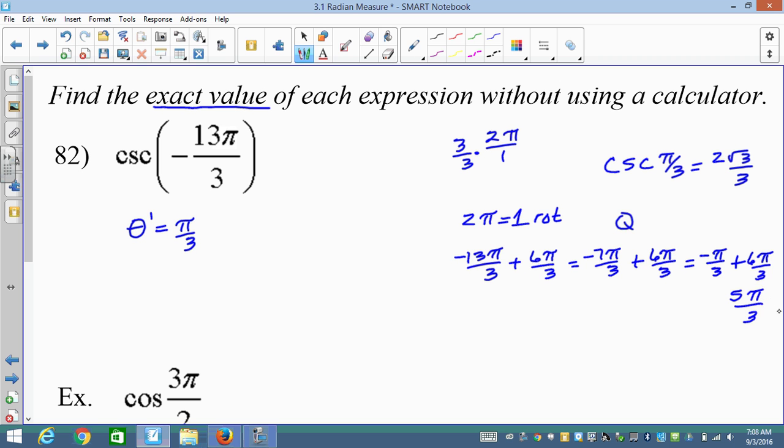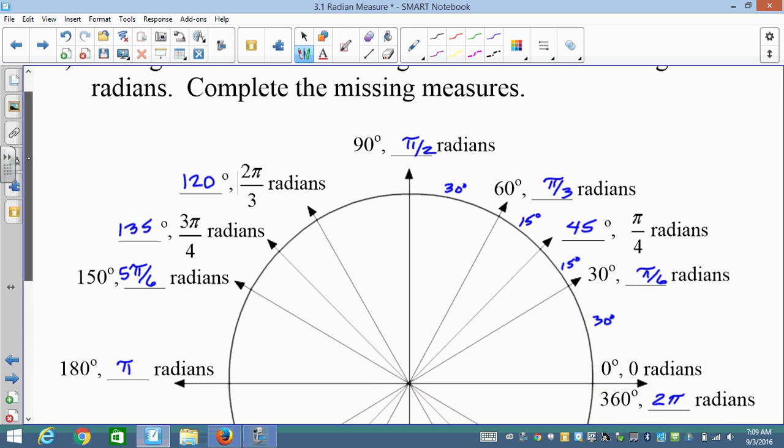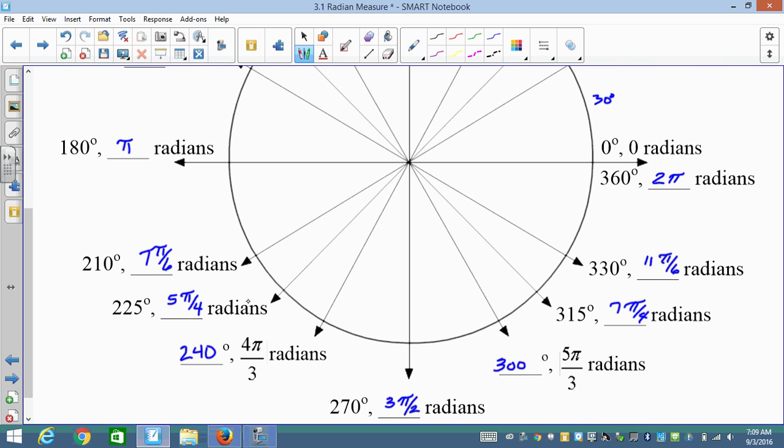Now at this point you may be going, I don't know what quadrant I'm in, and you can use the calculator on this one. I might as well throw that out there to you guys. Just leave out the pi. Do negative 13 over 3 plus 6 over 3 until you get to a positive number. So let's go back to our unit circle and find 5 pi over 3. There it is, 5 pi over 3 is in quadrant 4.